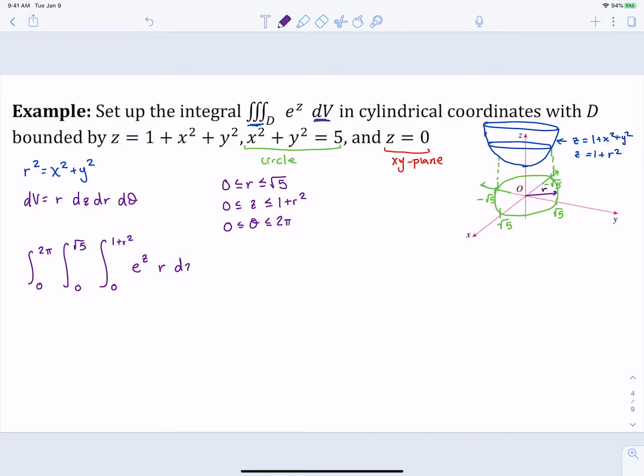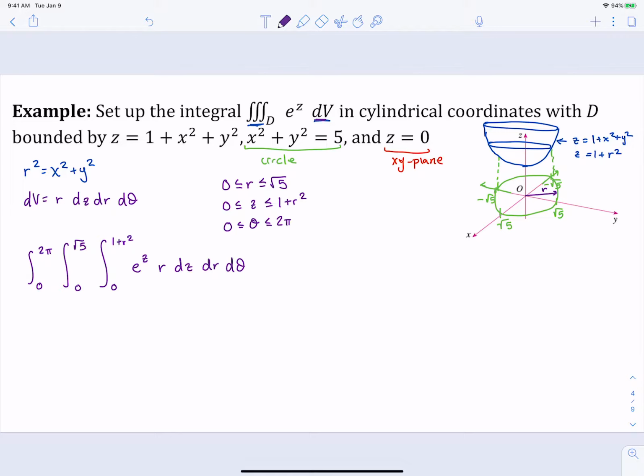So we get r dz dr d theta. And again, remember, it is very important that we write those differentials in the correct order, matching up, going from inside out with our limits of integration. It does make a huge difference if you don't have those in the right order.